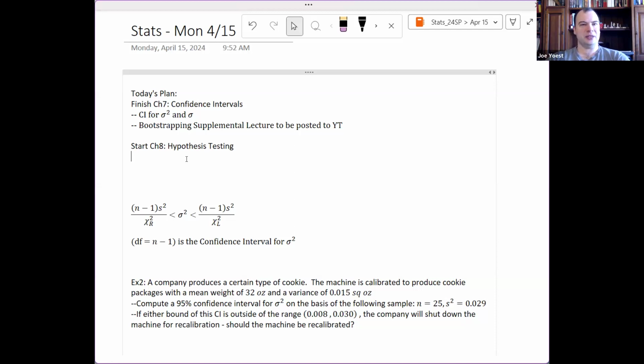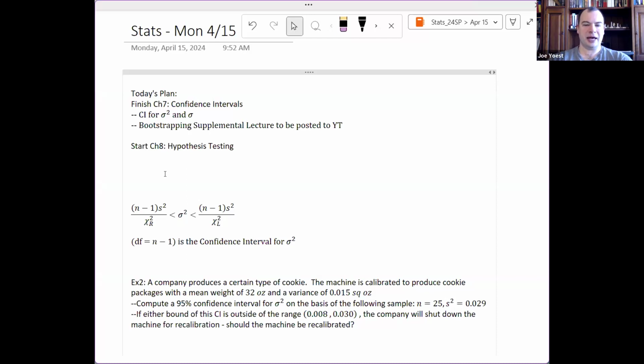I mentioned last week that it would be a good idea to read through the first couple of sections of chapter 8 just to get an idea of how hypothesis testing works, what the goal is, and so on. The main thrust of today will be to understand that background of hypothesis testing. What is the goal? What is the logic behind it? We're not really going to be introducing any new math in most of chapter 8.